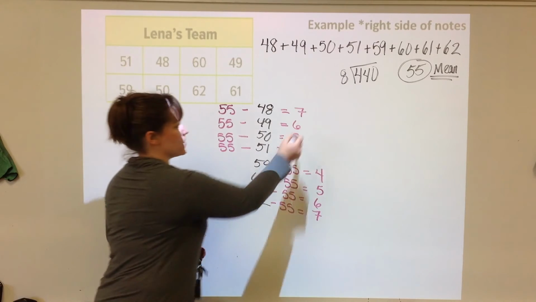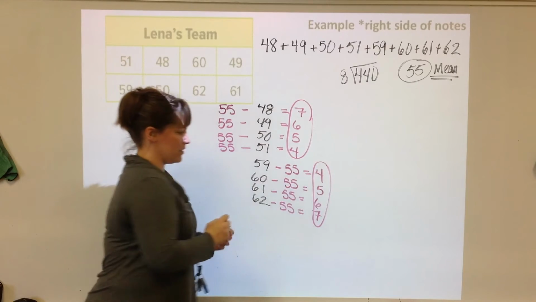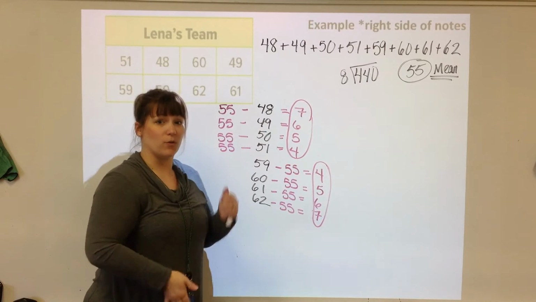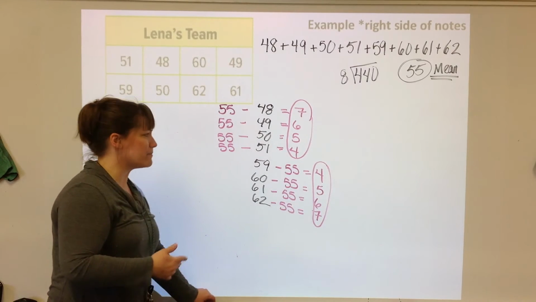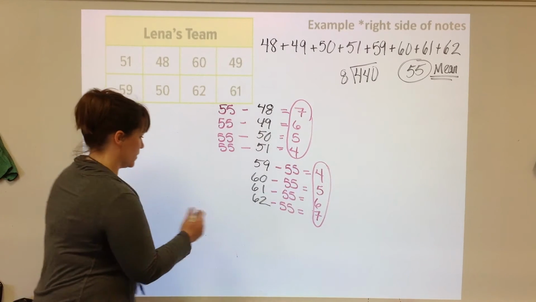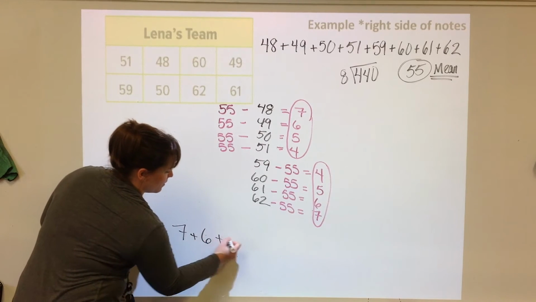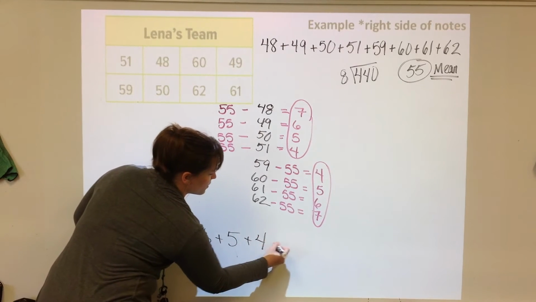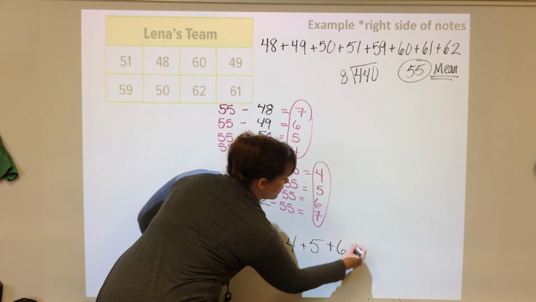So now these numbers right here and right here, the differences, the third step, we're going to take those, add them up, and divide by 8 to find the mean of these. So I do have room, yay. We're going to add these 4, and then the second group.